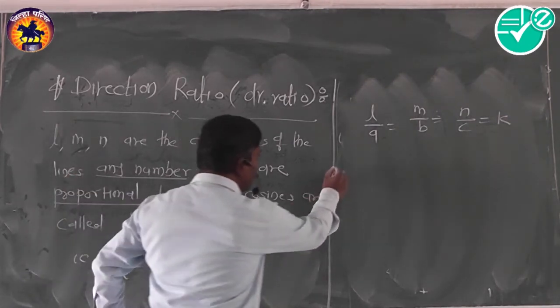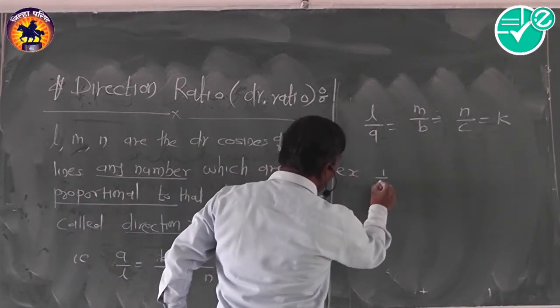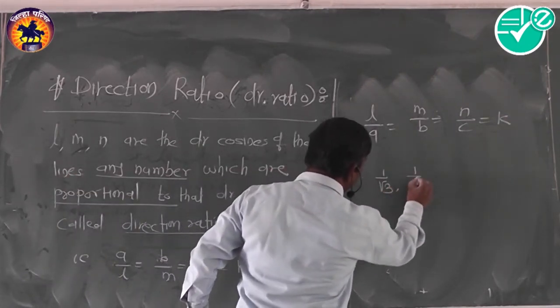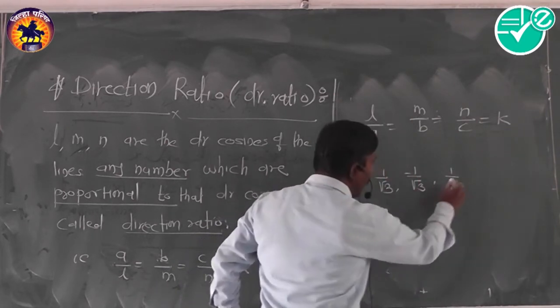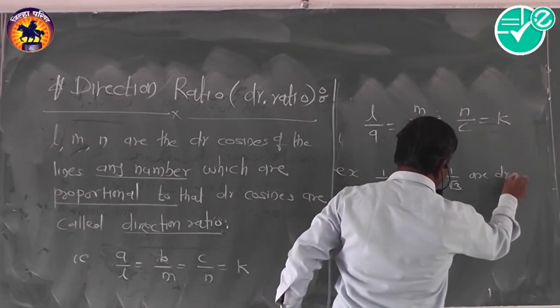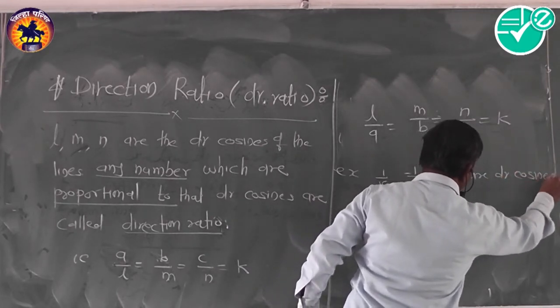For example, suppose 1 by root 3, minus 1 by root 3 and 1 by root 3 are direction cosines of the line.